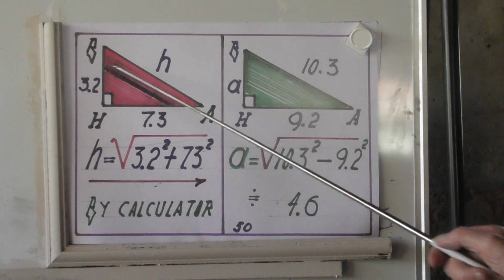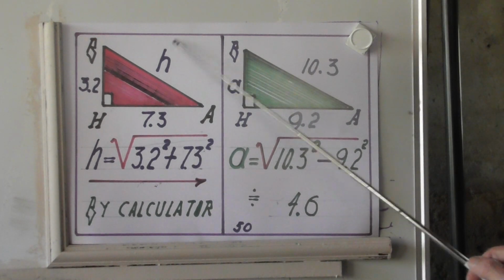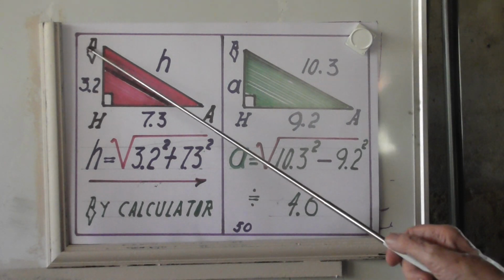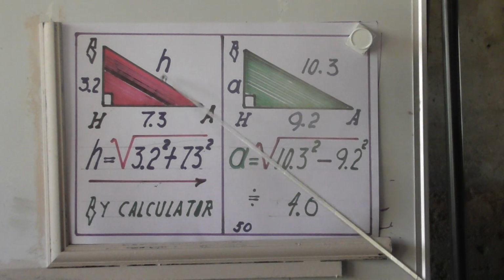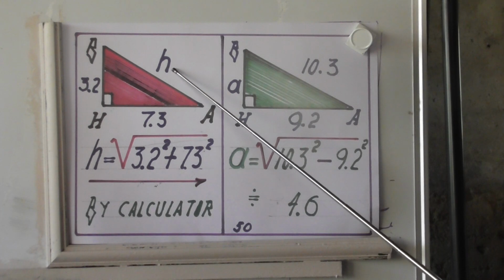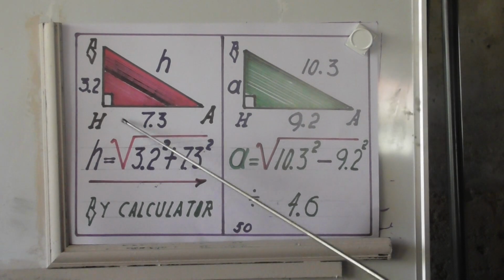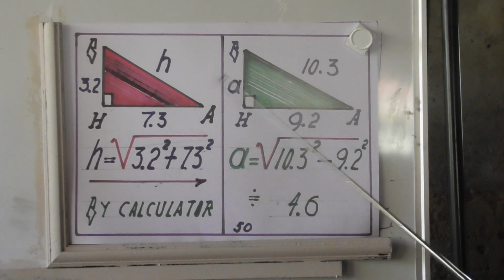So imagine you're given this, and again you put your own letters. You have only 3 letters, A, B and H. And small h, now the little a is 3.2. And the little b is 7.3. So we want to know what the h is. That is the square root of the... So we don't put first down a squared plus b squared.